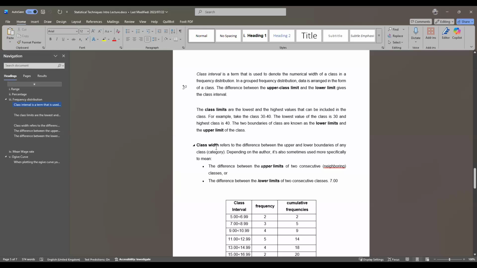Now, when you get to class width, this is where I wanted this. Class width refers to the difference between the upper and lower boundaries of any class.